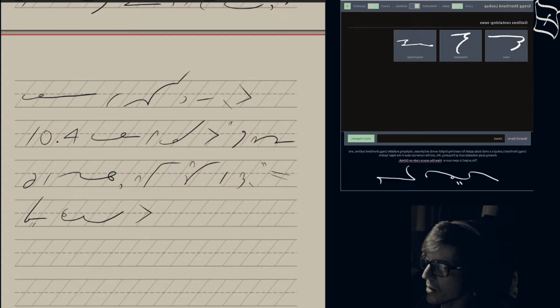Physicist and Nobel Prize winner Richard Feynman. So physicist. I know that's in the dictionary. Let's see if I can do it. Let's see if that's correct.